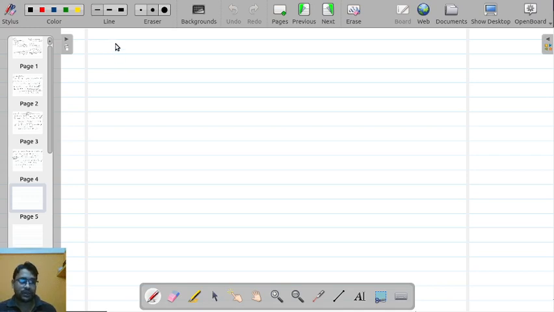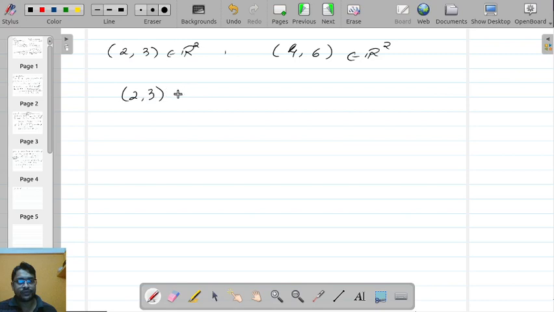One thing let us try to see. If I have a vector (2, 3) in R^2, and if I have the vector (4, 6) in R^2, can I write some linear combination of these two which will give us the zero vector?